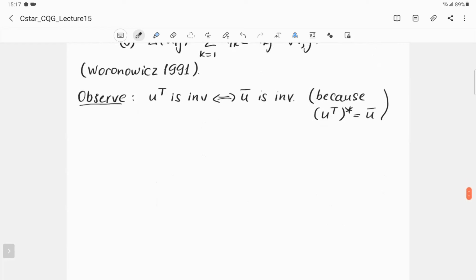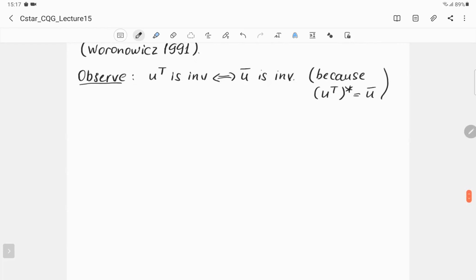Okay, let's look at an example, which is in fact a motivation for the definition. Suppose that G is a closed subgroup in U(n), the unitary group.